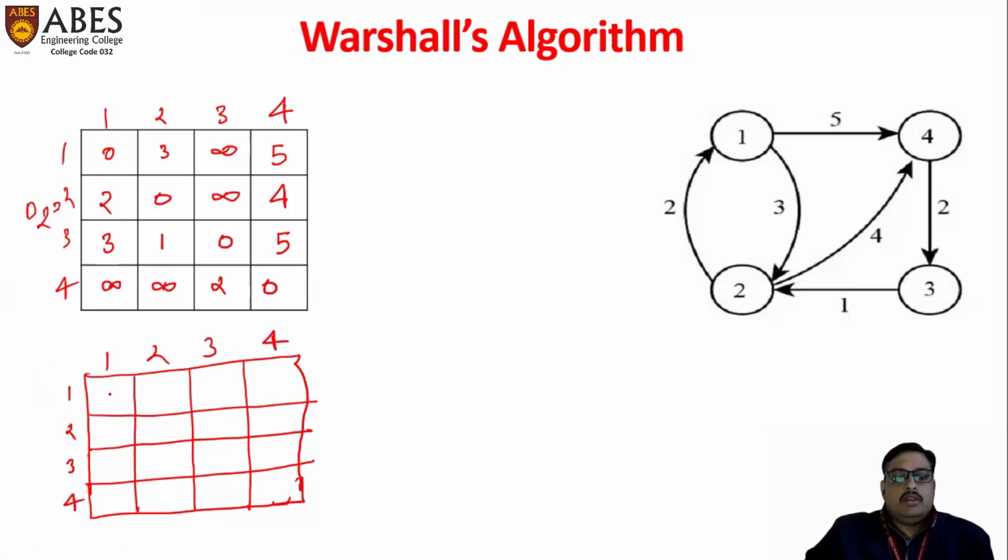The diagonals are zeros, so we'll keep these as 0. Here we are considering 3 as the intermediate node, so we'll freeze vertex 3 in this one.